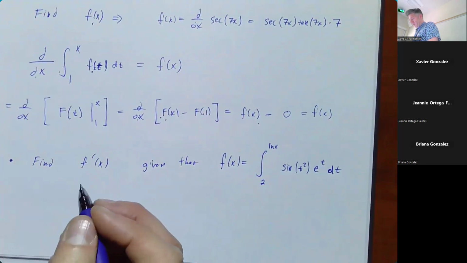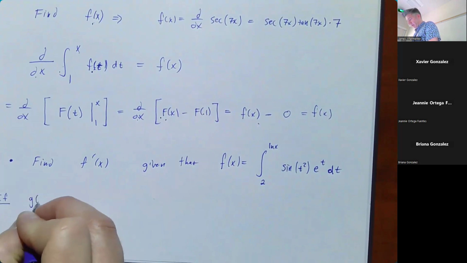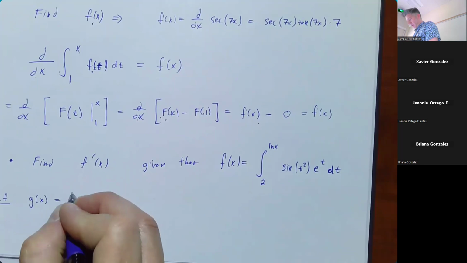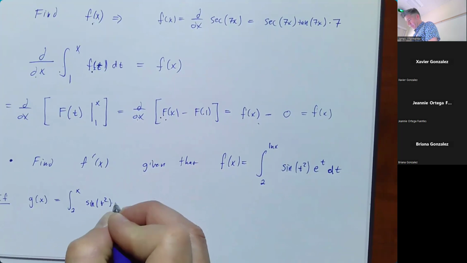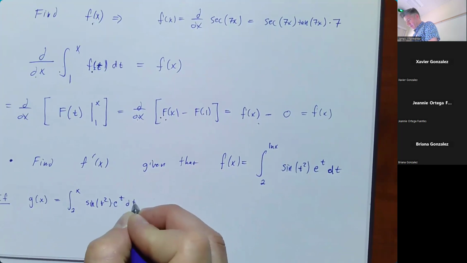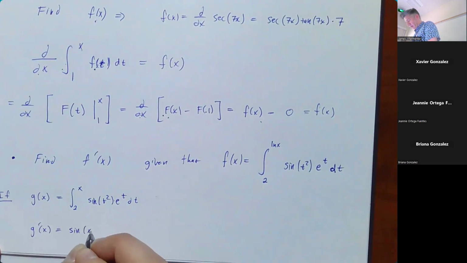So let me point out, if we were given that g of x was equal to the integral from 2 to x of sine of t squared times e to the t times dt, the derivative of g of x would just be sine of x squared times e to the x.